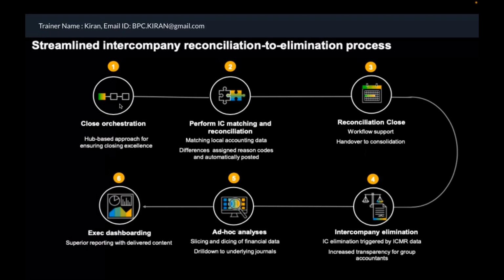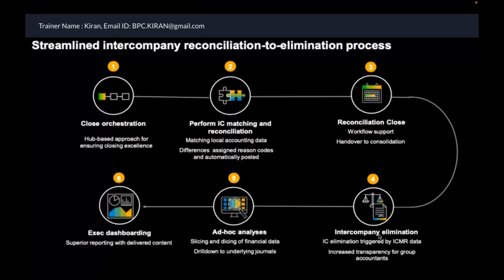You can get the non-SAP data into the ACDOCA table, and SAP intercompany transaction data is in the universal journal. Then you perform IC matching and reconciliation. There is an app, reconciliation case, where you get the comments or the reason codes for why the differences. Then you perform the intercompany elimination. IC elimination is triggered by ICMR data, giving increased transparency for group accountants.